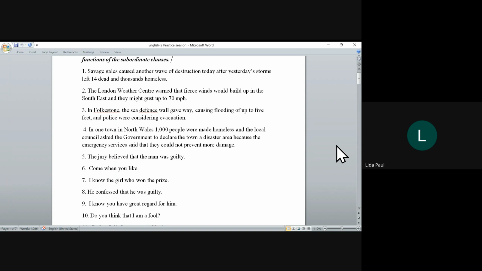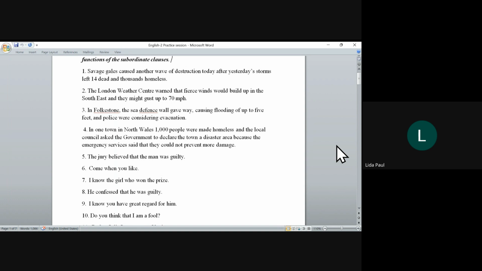To answer the question when. When? After yesterday's storms left 14 dead and thousands homeless, right? So anything that begins with a preposition, like here the preposition is after, prepositional phrases and clauses, all of them will be of adverbial nature. It's an adverb clause. Okay. First one would be adverbial or adverb clause, as you wish to call it.